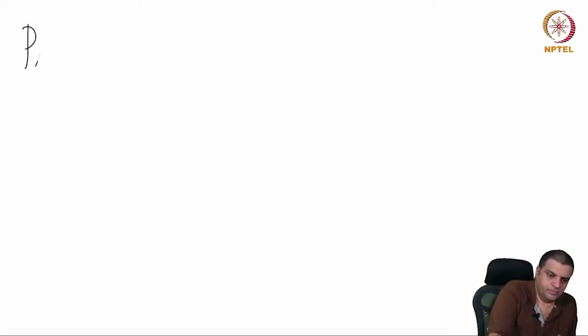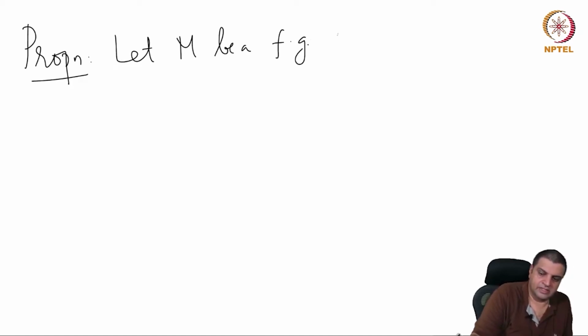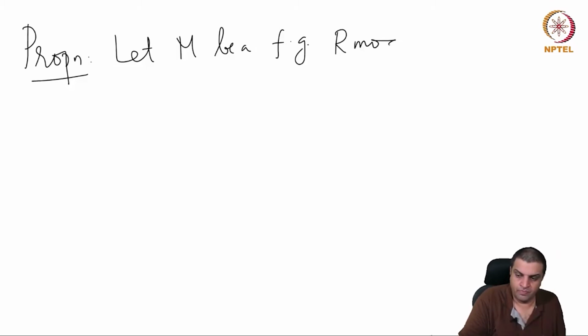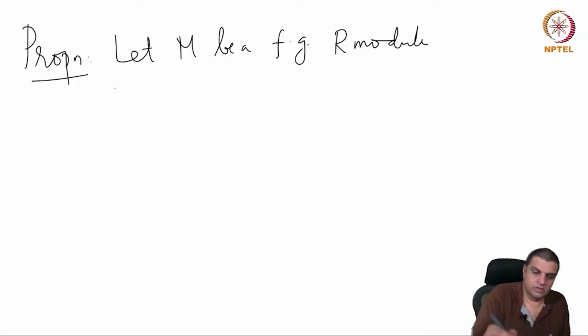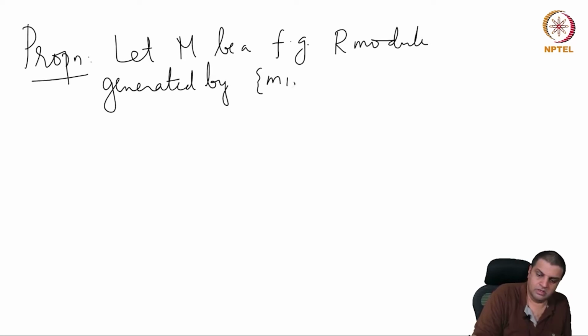Proposition. Let M be a finitely generated R module generated by a set m1 through mn.